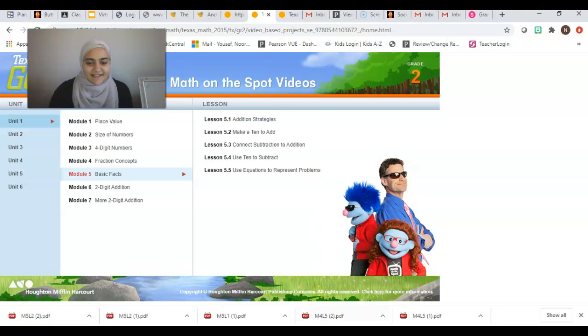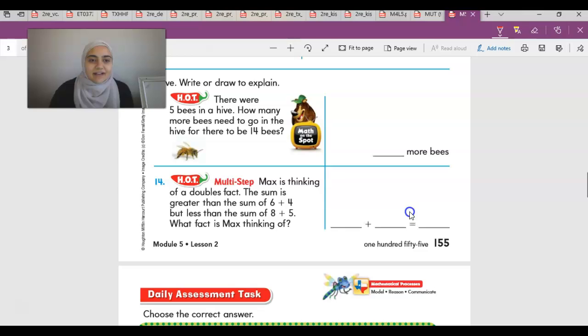All right, that's silly. Let's move on and see if we can figure these out together. All right, there were 5 bees in a hive. Remember, whenever you read the problem, you show your strategies. Circle your numbers. How many more bees need to go in the hive for there to be 14?